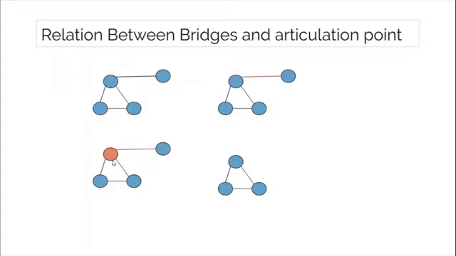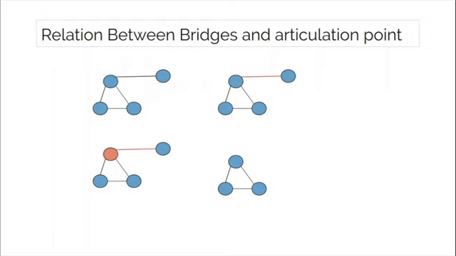So whenever you find a bridge, you have to look at the degree of its endpoints. If the degree is 1, then of course that node cannot be an articulation point, otherwise the node is an articulation point. But are the nodes which are connected to bridges the only nodes which are cut vertices?